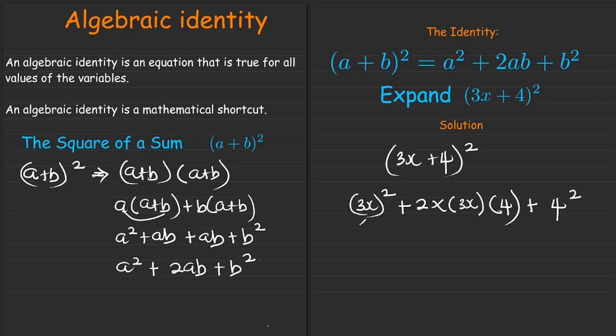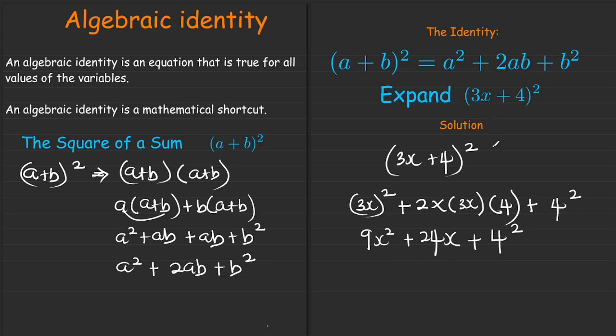Simplifying, we have 3x squared; 3 squared gives us 9, then x squared gives us x squared. Then we have 2 times 3 times 4, that gives us 24, so positive 24, then your x also comes. And then finally, we have our 4 squared. This is going to be your expansion of this bracket over here.